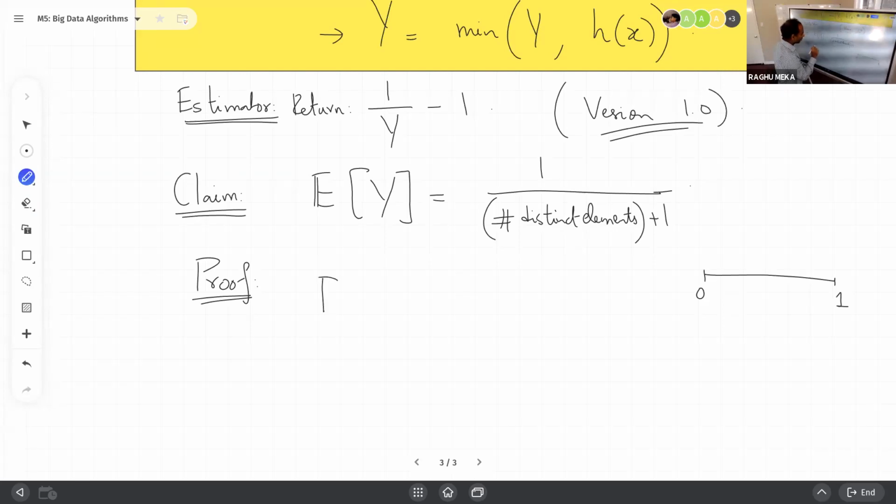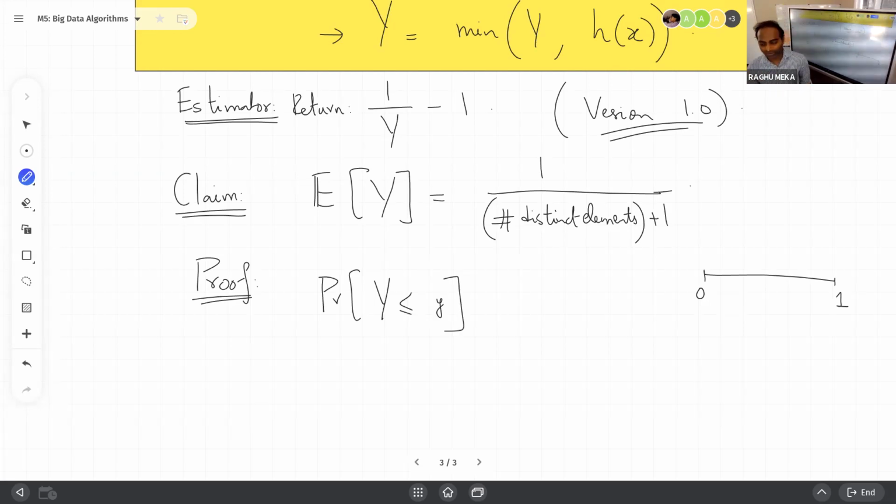But basically, what's the probability that y is less than some value? Suppose I'm interested in, actually let's do something like this. What's the probability that this minimum is more than some point on the line? What's the probability that the minimum is at least 1/3?